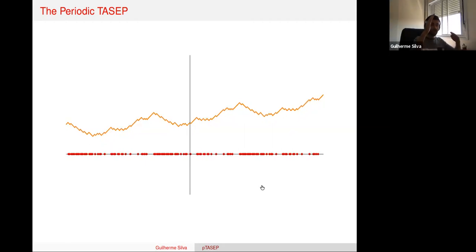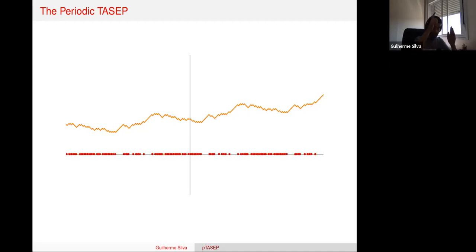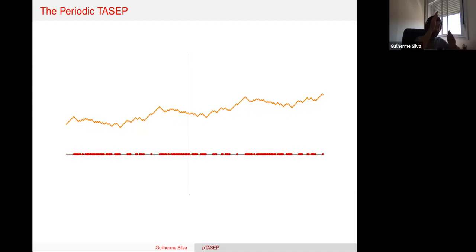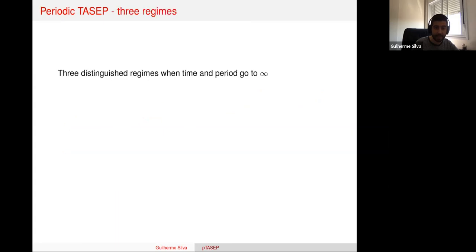The height function at the first particle collides with the position of the height function at the last particle, so you have a creation of a shock. It's a distinct feature, and right afterwards there are correlations between all the particles all together. So this is the dynamics of the periodic TASEP.